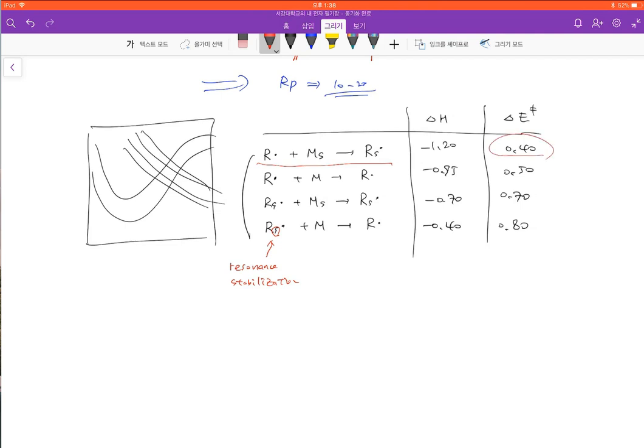The first reaction has the smallest activation energy, which means it is the fastest reaction compared to the other three.